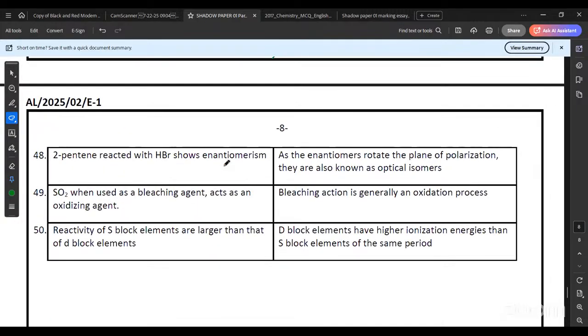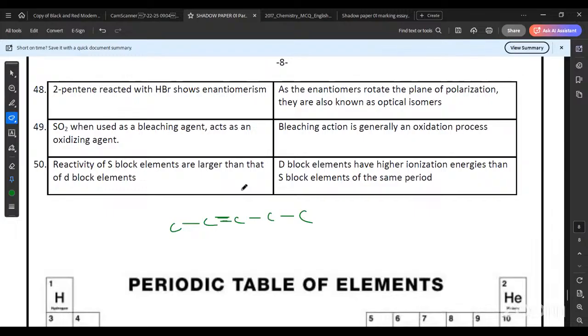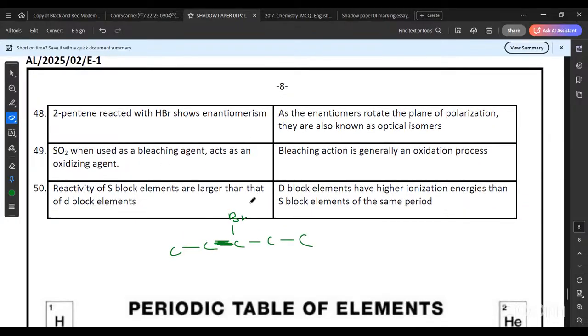2-pentene reacted with HBr shows enantiomerism. Meth, eth, prop, but, pent. 1, 2. 2-pentene. Reacted with HBr, the Br sets here. So it shows enantiomerism, make it wrong.